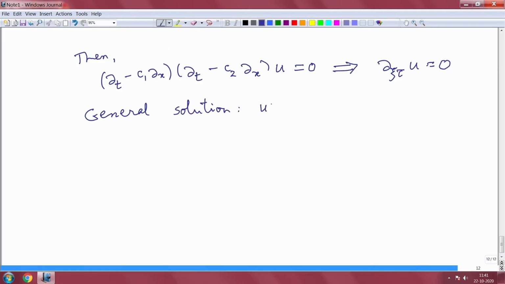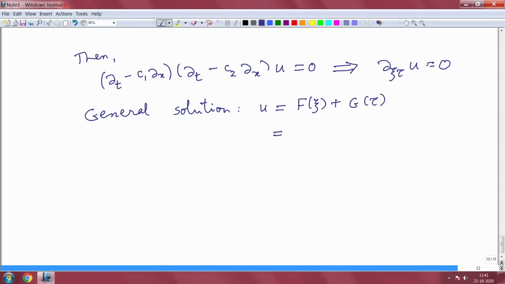so u is equal to, first let me write it in the xi tau variables. So, this is the general solution of this equation.